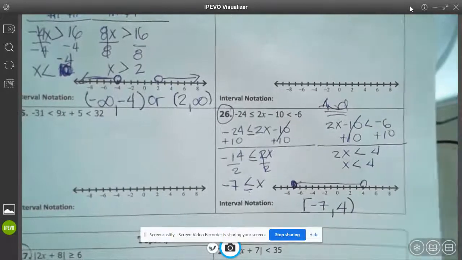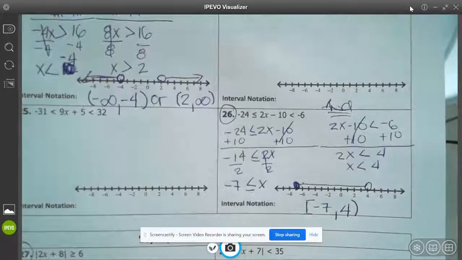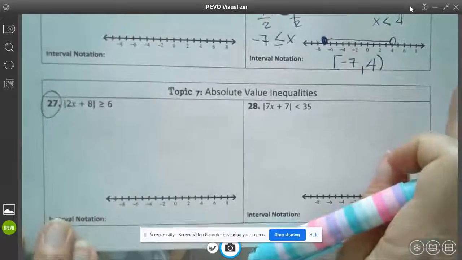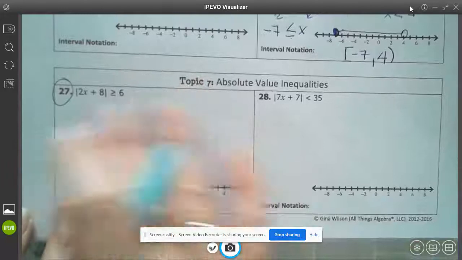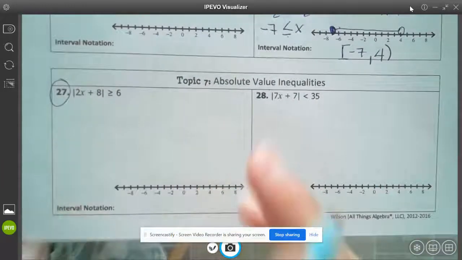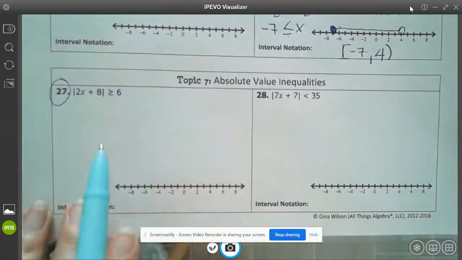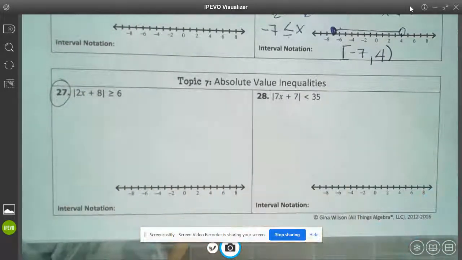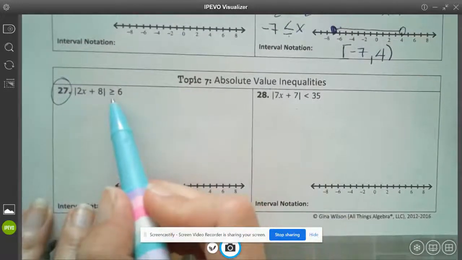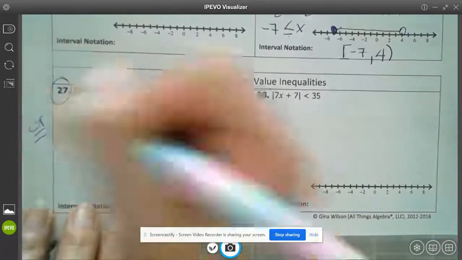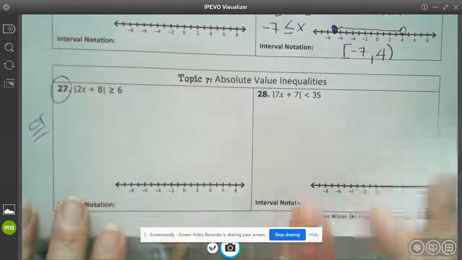Okay. All right. And then we also did, finally, an absolute value inequality, which had two scenarios. Because it's greater than or equal to, this is an or, right? All right, let's do that.